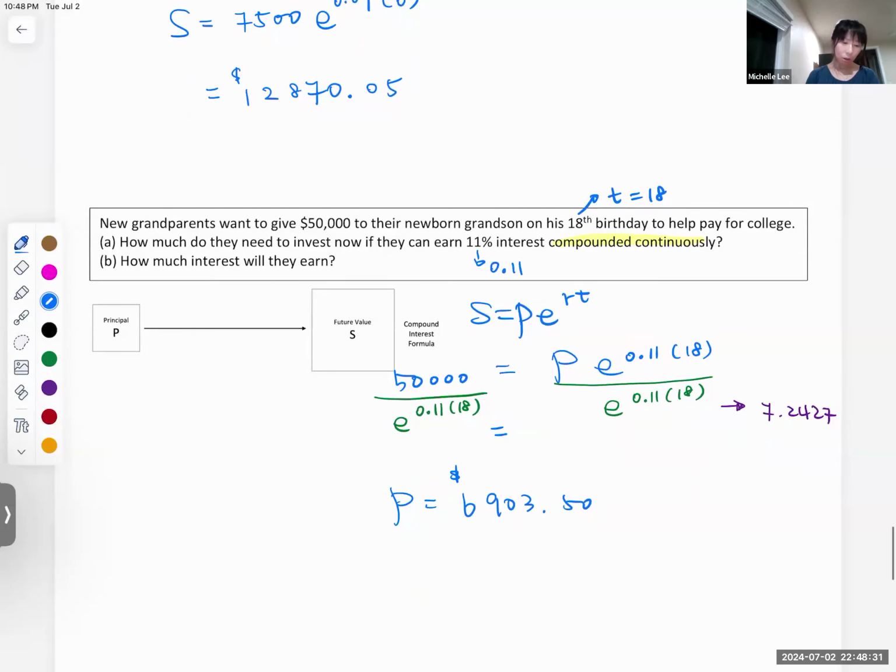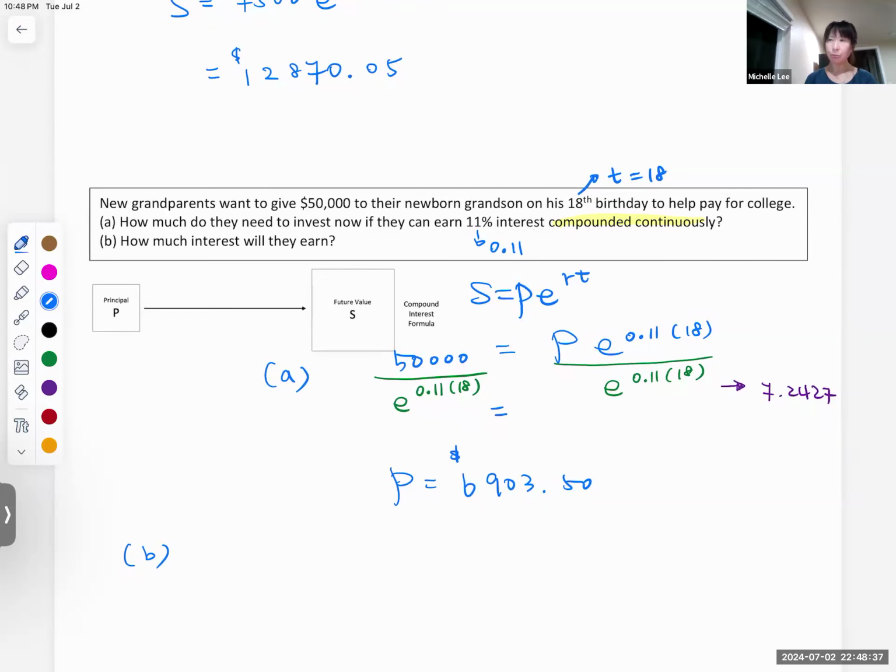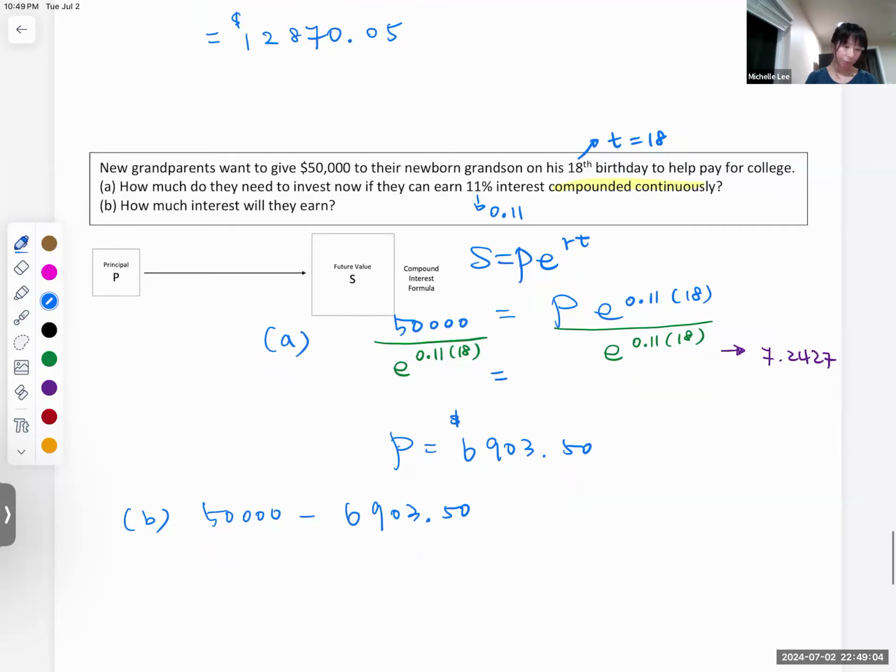They will end up with $50,000, and they invested 6,903.50. Then the interest is 43,000.